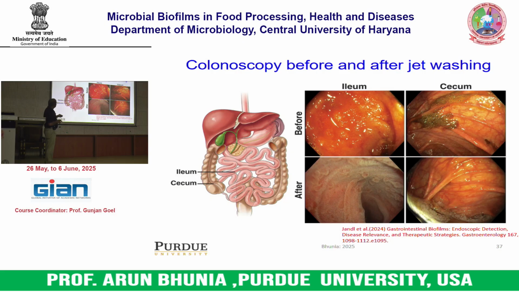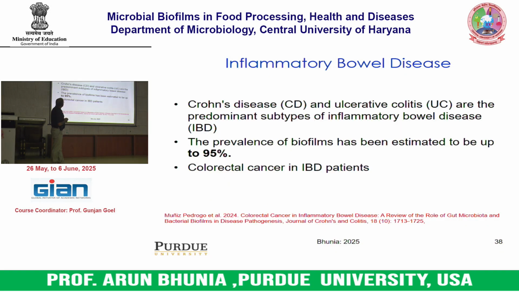They try to say if it's biofilm produced by the harmful pathogens or organisms, you want to clean it up, and they clean it up after washing. So in some disease conditions, they are trying to find out whether this biofilm produced by these undesirable or pathogenic organisms can be washed or removed physically inside the gut. Okay, and so that's the actual implication of the biofilm in causing diseases.